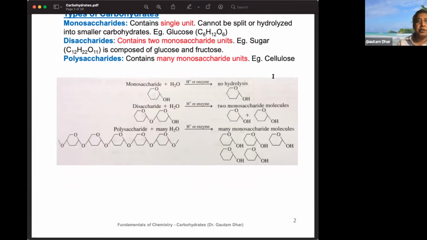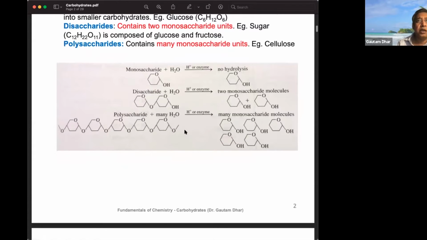Just the basic structure. You can see the monosaccharides join together with elimination of one molecule of water. If you look at the linkages, these are ether linkages. So carbohydrates are linked to one another by ether linkage.